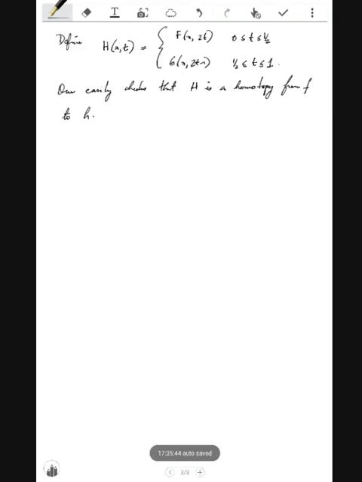So we define pi 1 of X, x0 to be the set of equivalence classes.